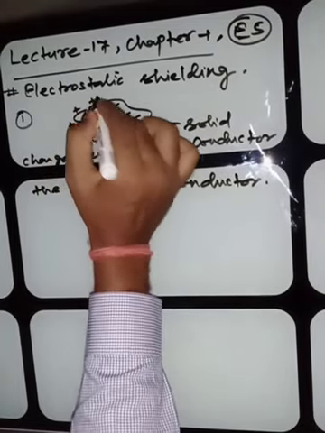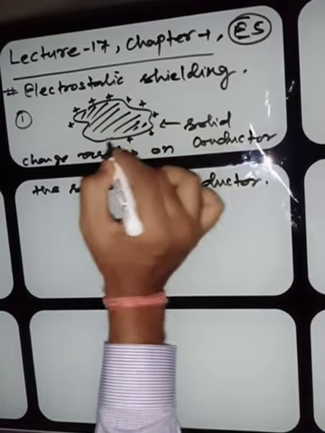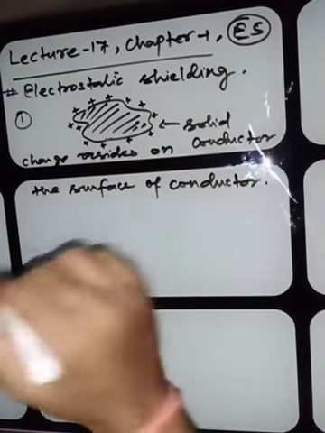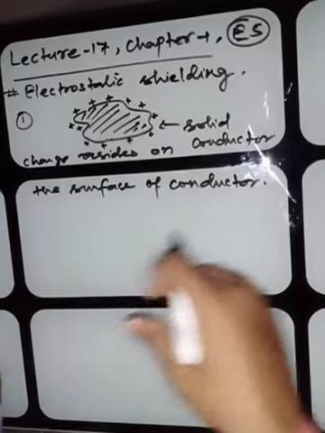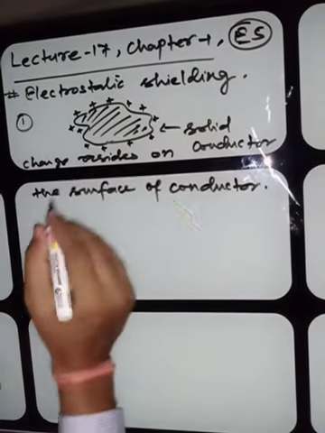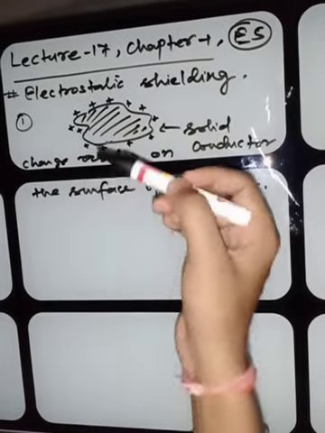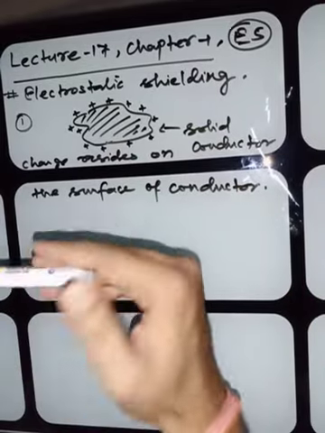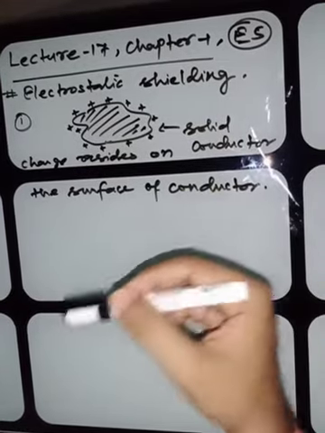If positive charge is there, it will be uniformly distributed over the surface of the conductor. What the distribution will be is also a matter of study, depending on certain points that we have to study. So the first point: for a solid conductor, charge always resides on the surface of the conductor.